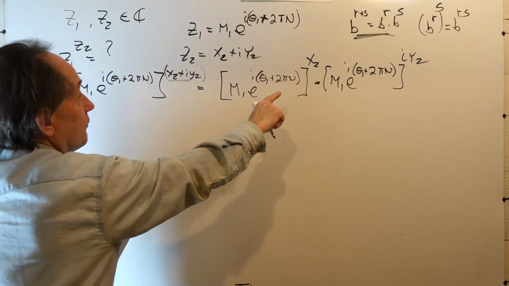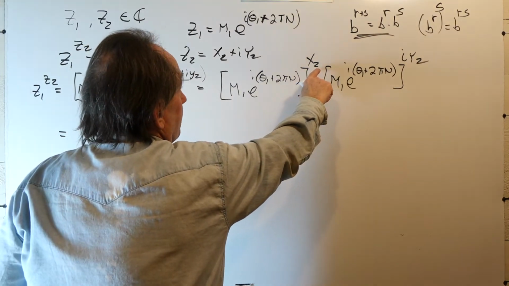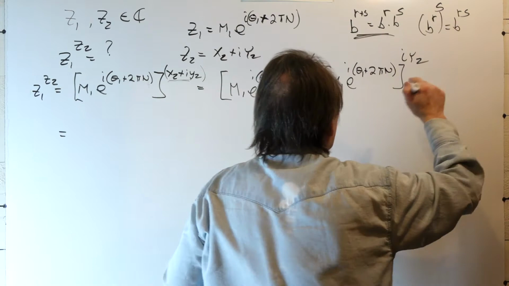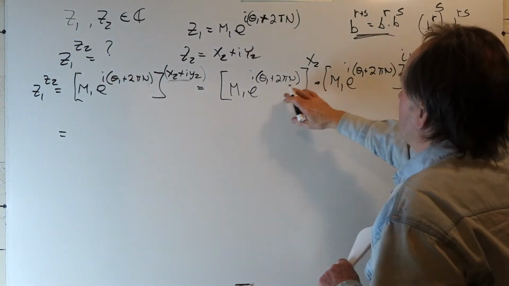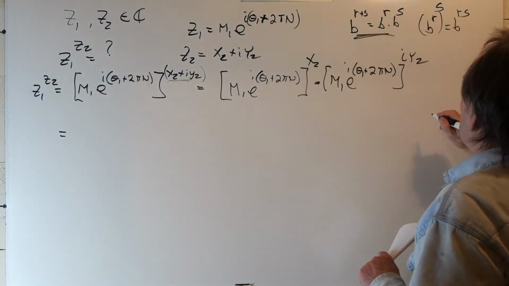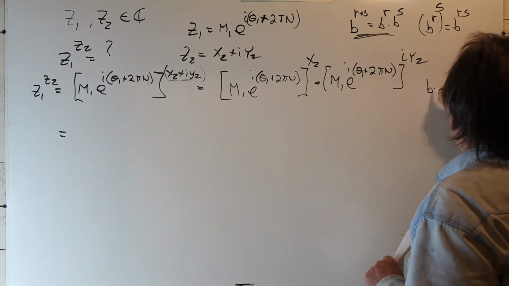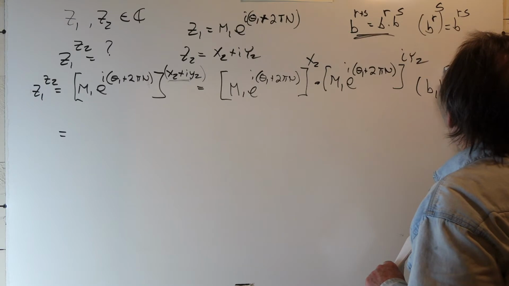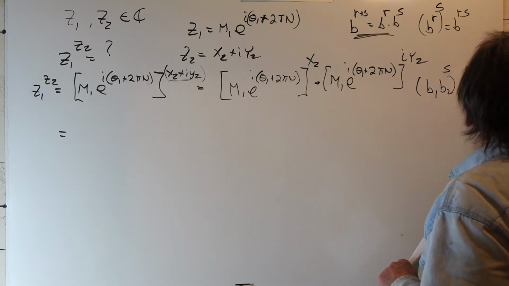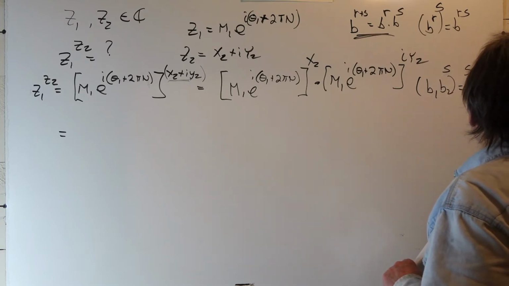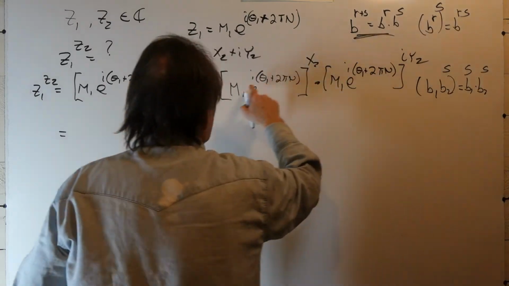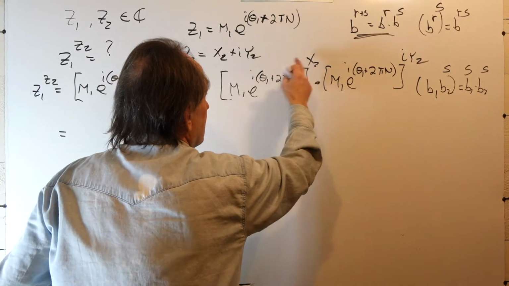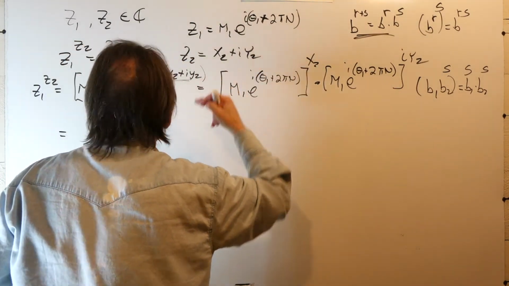Also, one other property we're going to use here is if we have b1 b2 raised, say, to the s power, this is b1 to the s times b2 to the s. That's what we're going to do here first. This is our b1, this is our b2, so we just move our exponent on through.